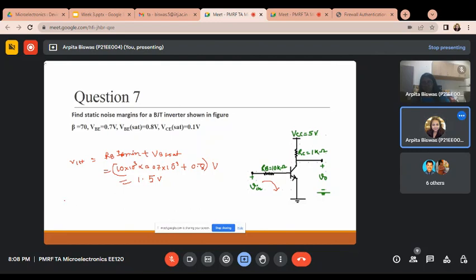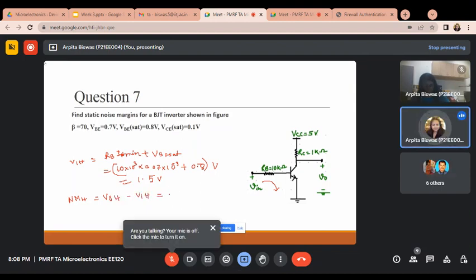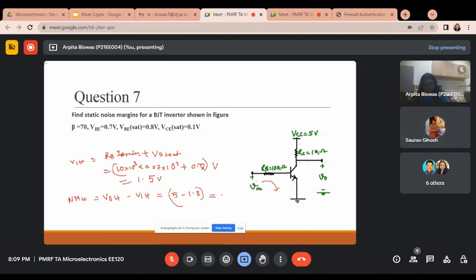So noise margin high equal to, what is the equation? VOH minus VIH. What is the value of VOH? 5 volts minus 1.5, 3.5 is the answer.